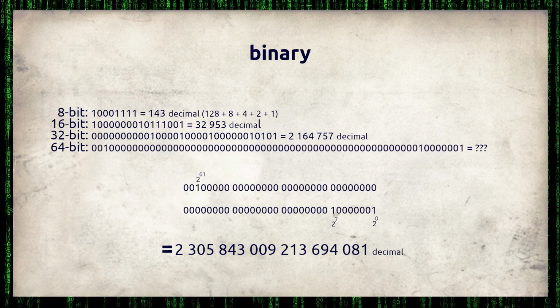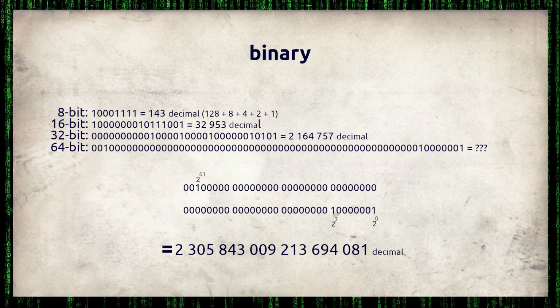Now you might want a bigger number than the maximum that can fit into an 8-bit, being 255. You might need more bits, and so what you can do is add on an additional word, in other words, use 16 bits to represent a single number. And in this example, we're going up to 32,953.